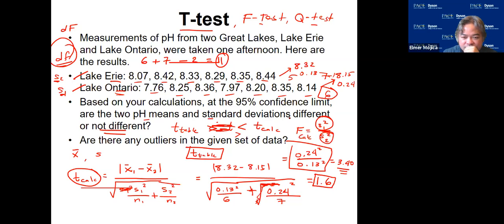Because the rule that you have when you do the F-test is that the S1 should always be higher than the S2 value. Okay? Question? Before we go to the last one.